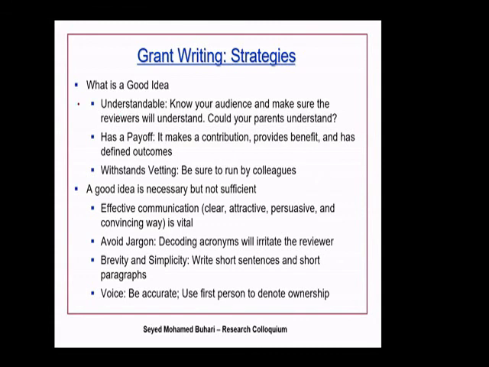And make sure it is understandable. Please note, you are writing your grant not with technical jargon. You are writing in terms that could be understood even by laymen. So here it says, could your parents understand it? Could somebody who is not in the area? Parents here means someone maybe not in your area, with expertise in some other area.